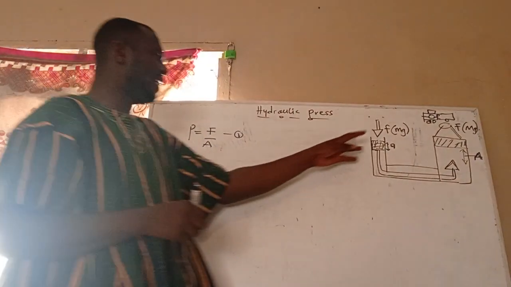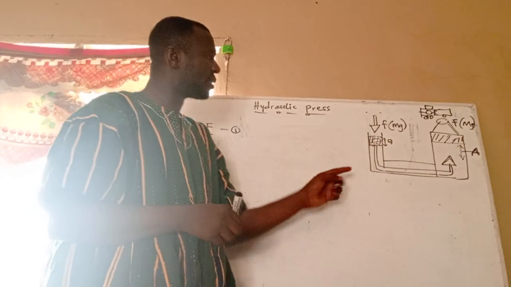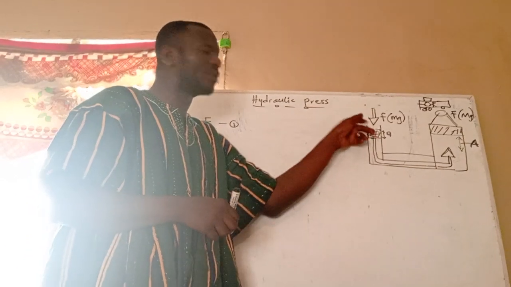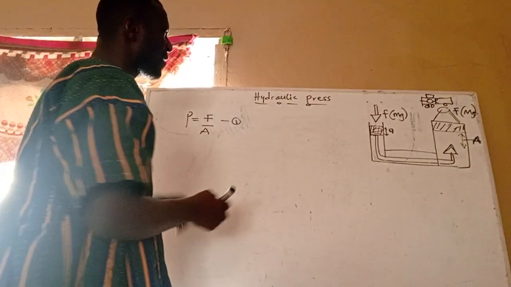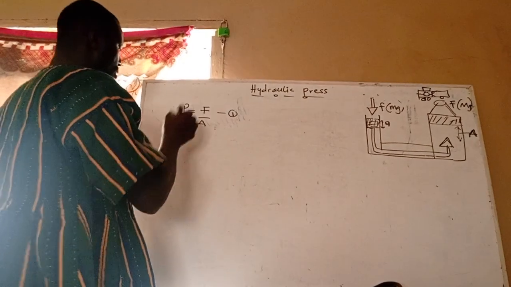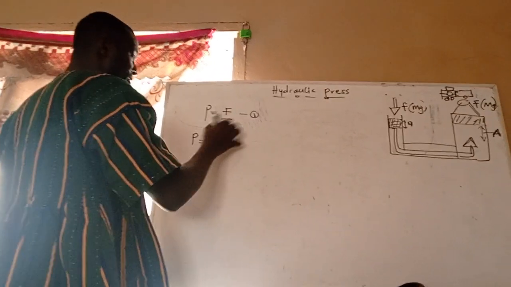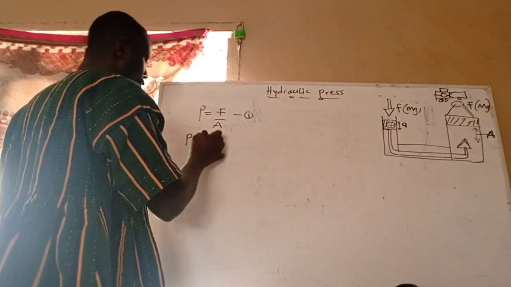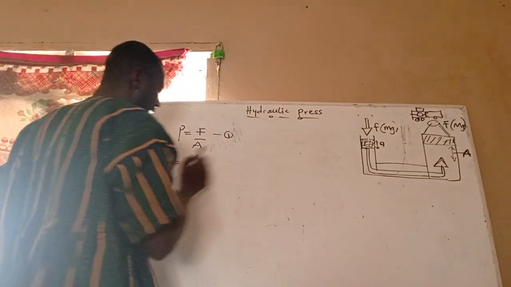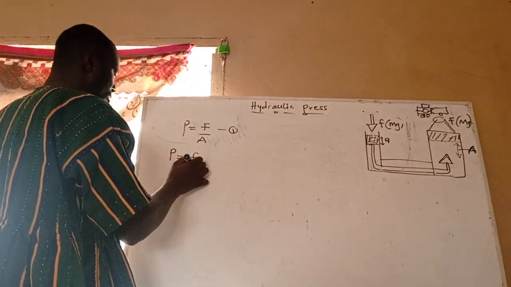Now, within this first cylinder where the pistons are found, we can also calculate the pressure exerted when the force is applied. So pressure can be calculated from the first master cylinder as the small f, which represents the force applied, divided by the area there, which is what? Small a.